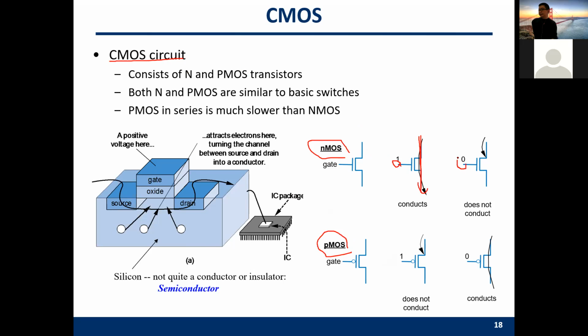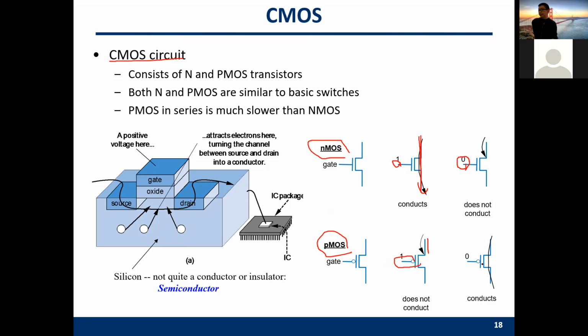If I apply a 0 here, then you cannot pass the signal through the gate. PMOS is just the contrary case. If you apply a 1 here, you cannot pass the signal.